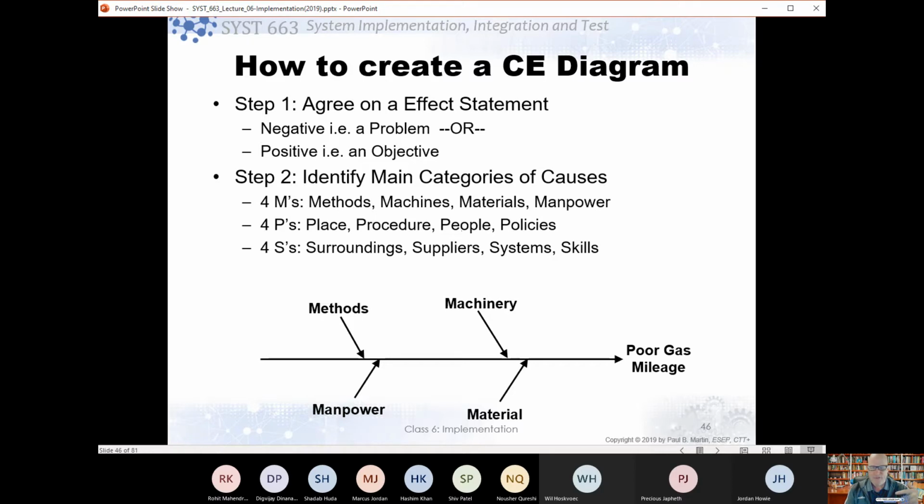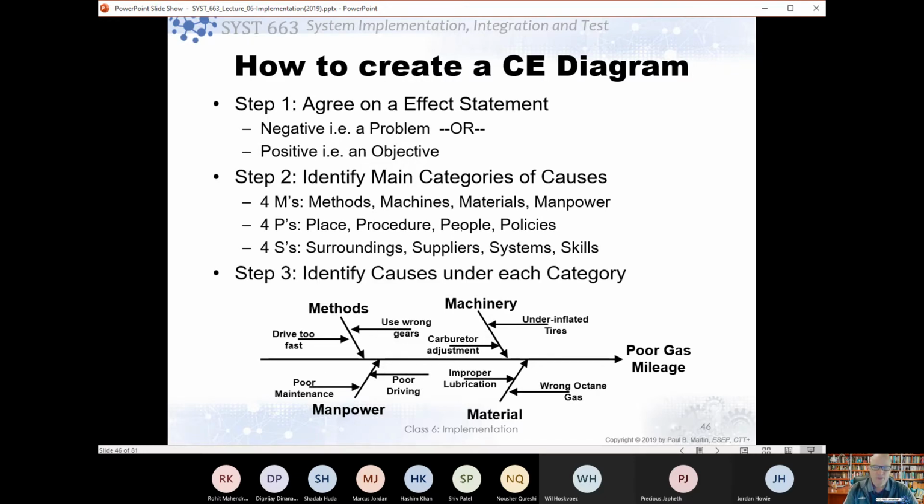You can have methods, machines, people, and policies, 2Ms and 2Ps or whatever. So I want you to think about that end result, be it negative or positive, and think about the main categories that would actually be involved in causing that effect as you go on.